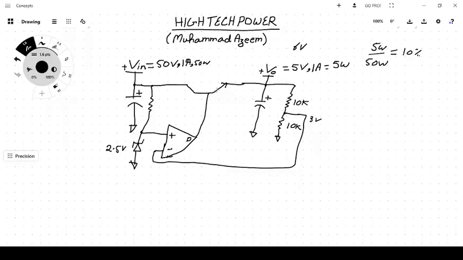So due to the higher drop, the output voltage would again reduce from 6 volt to 5 volt.